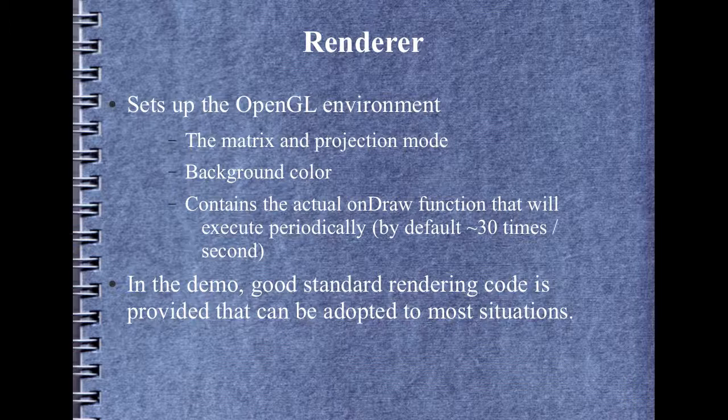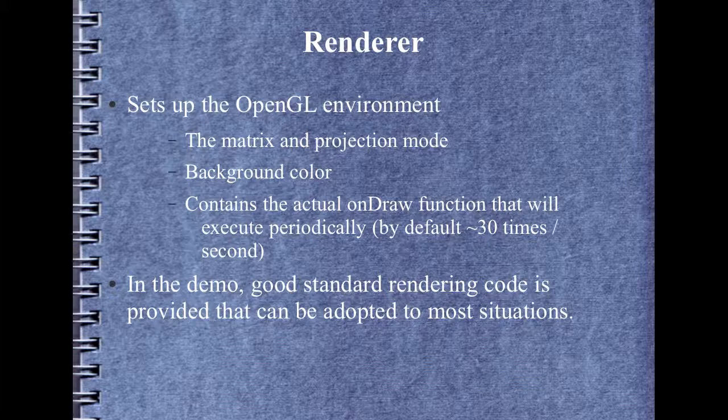We can set all of that stuff up. Also the view matrix, which is the matrix that defines the environment, the axes, what their coordinate system is, things like that, the background color.